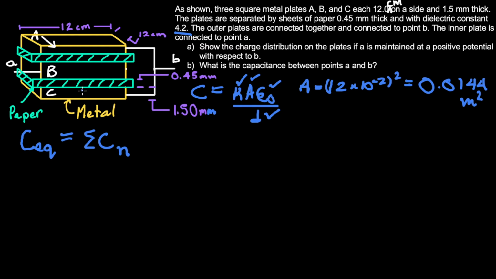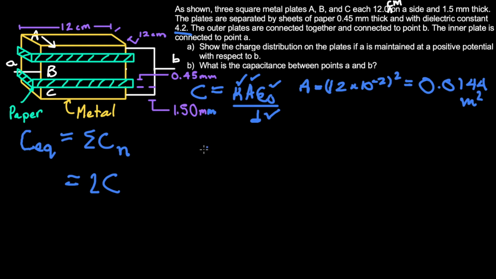And so then thinking about that, we know that these parallel plates here are actually going to have the same capacitance because all of the numbers are the same. The dielectric is the same, the area is the same, the constant's the same, and the distance between the plates is the same. So we can just write this as 2 times our C, which is over here.